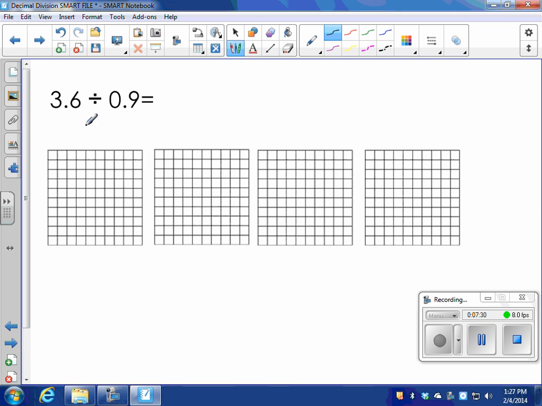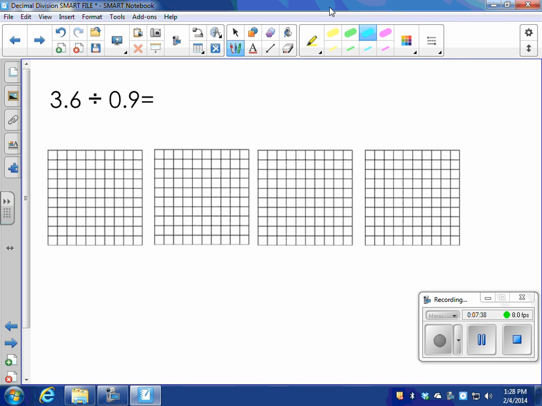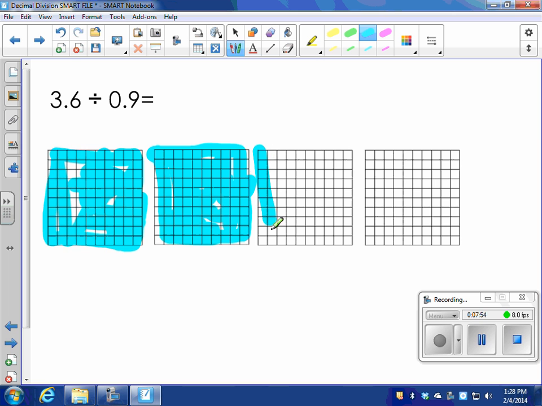Make a prediction. 3 and 6/10 divided by 9/10. We'll change colors just for something different. Here I'm going to shade in 1, 2, 3, and then 9/10.